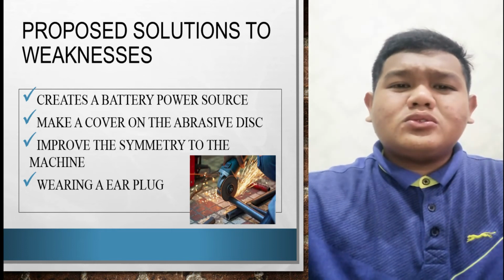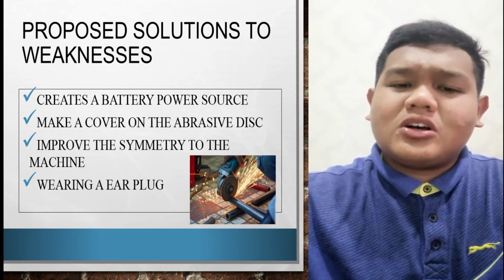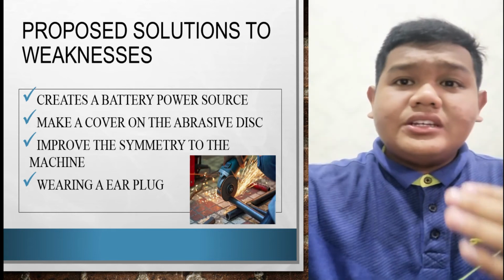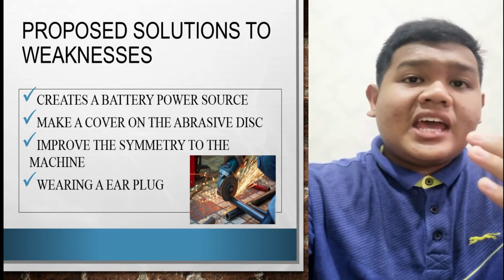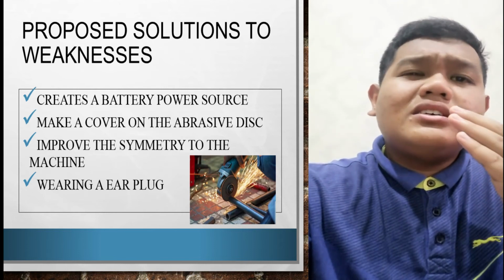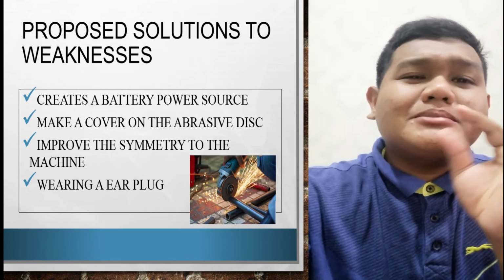First, I want to tell about creating a battery power source. In the modern era, we can use new approaches such as creating a grinder machine that uses a power source from the battery.